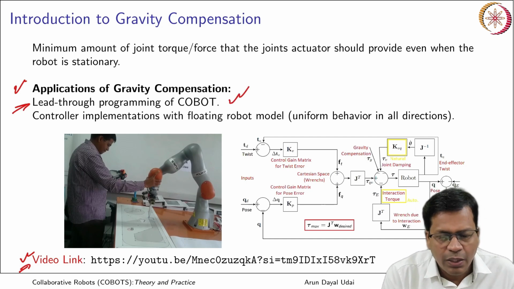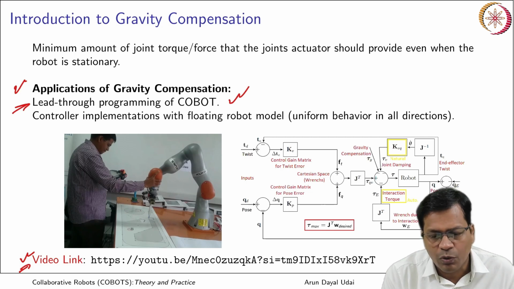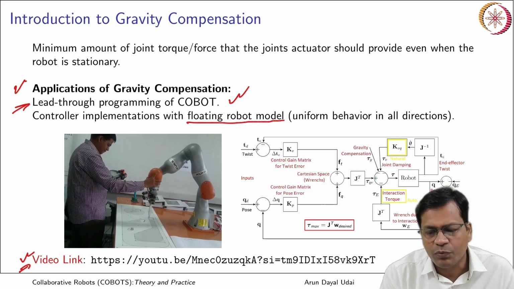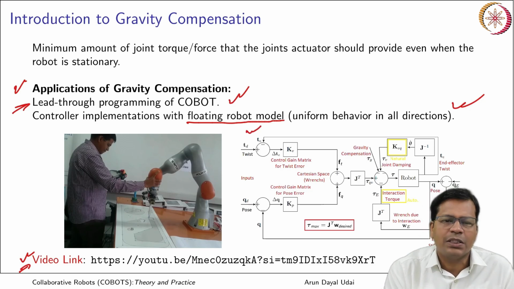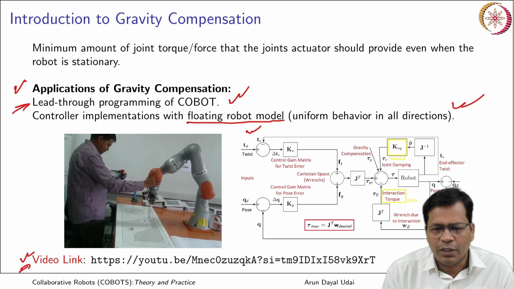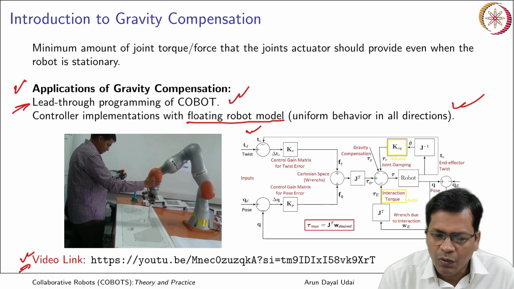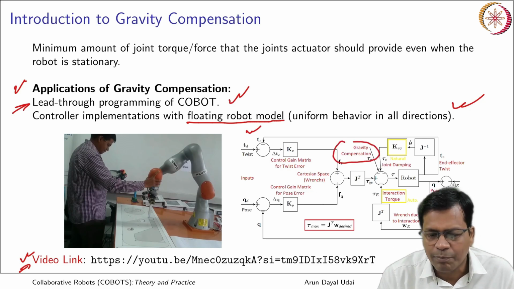Controller implementation with a floating robot model, they behave uniformly in all the directions. So you see a regular controller scheme that we will be discussing in much detail in the module on robot control. So this is gravity compensation.